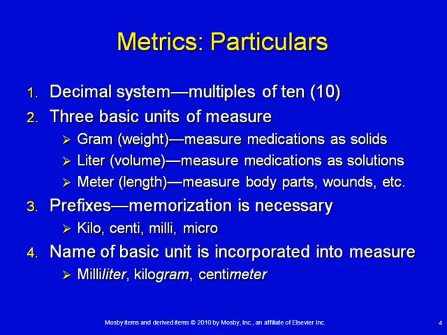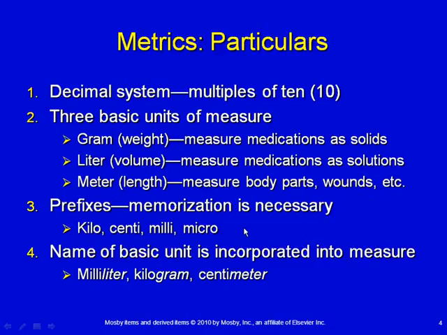Prefixes that memorization is absolutely necessary for are kilo, centi, milli, and micro. They have to do with the units of measure that we will look at. We can have a kilogram, and we will take the prefix and put it with the name. A kilogram. We have a milligram. We have micrograms that we use, and we use milliliters.